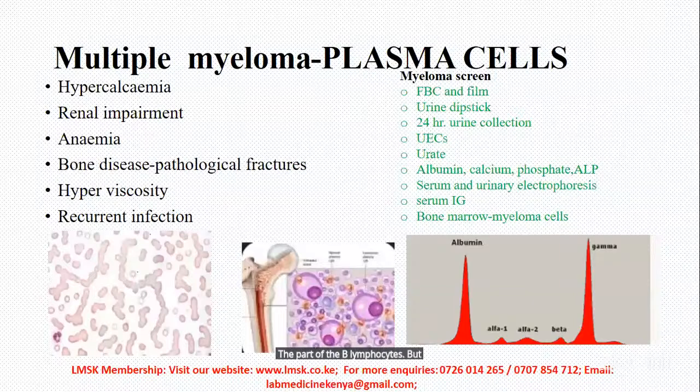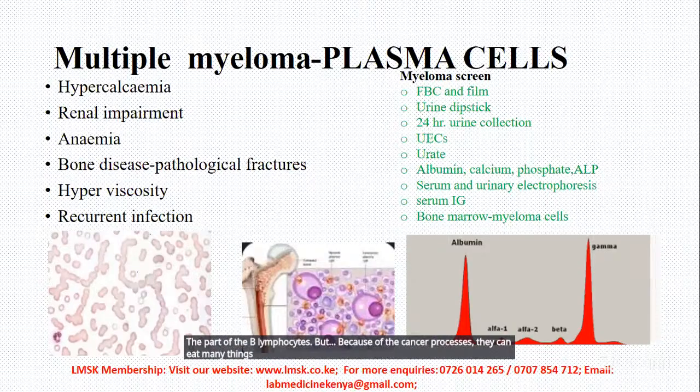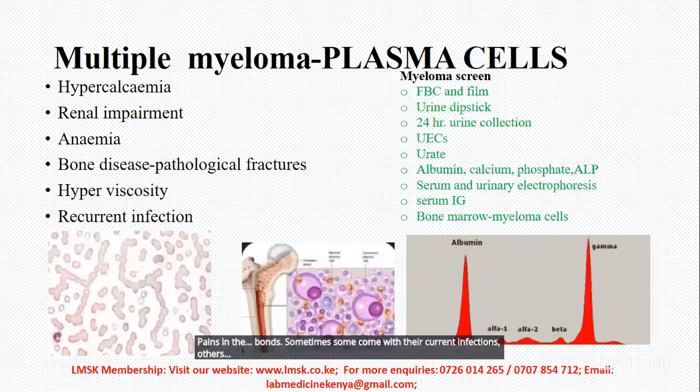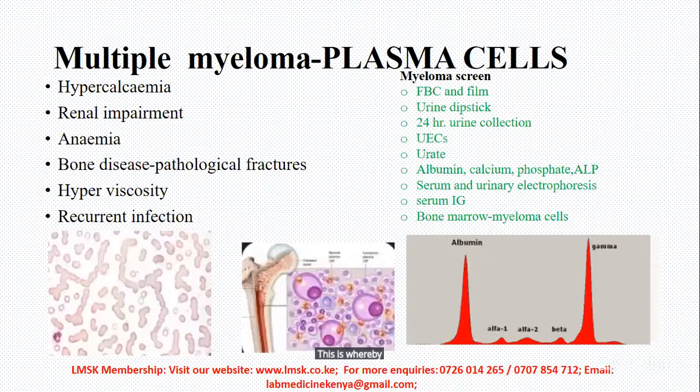But because of the cancer processes, they can do many things. Like a patient coming with pains in the bones. Sometimes some come with recurrent infections, others come with hyperviscosity. Hyperviscosity is whereby your blood is very concentrated.